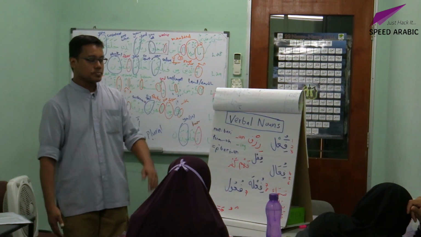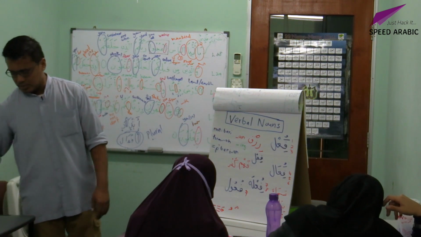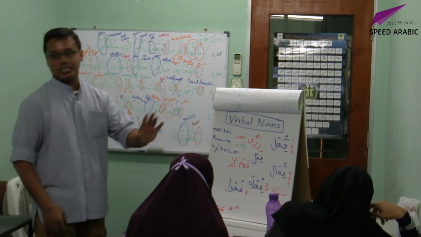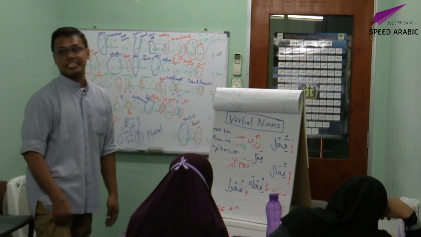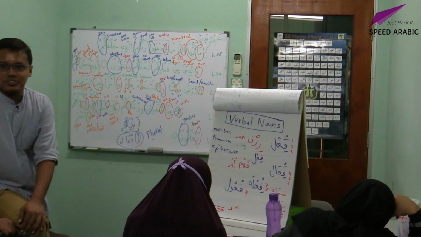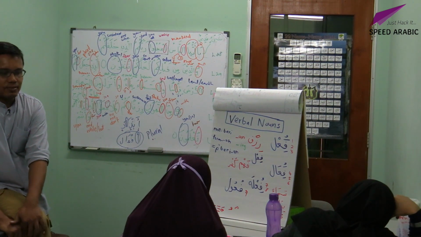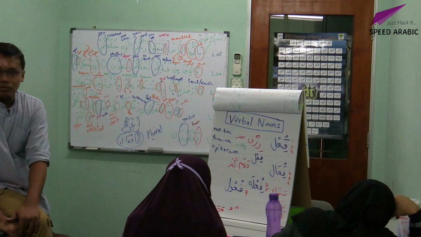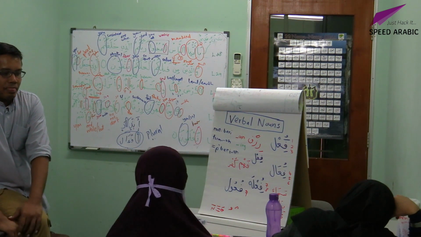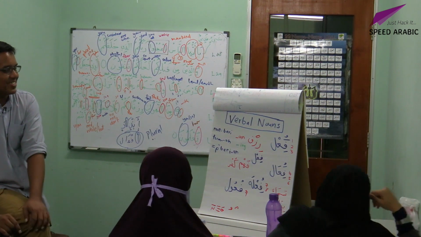Okay. Any questions? It's too much actually. We can go until 3 days without stop talking about verbal nouns. Okay. And it's one of my favorite topics, but I know it will bore you till death if we go on talking about verbal nouns.